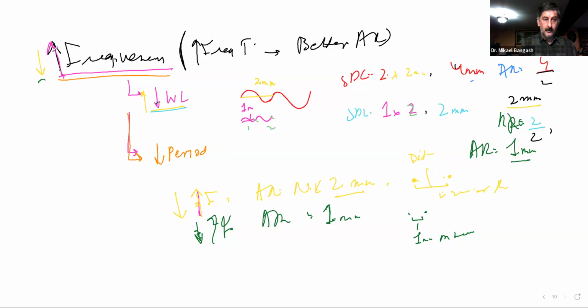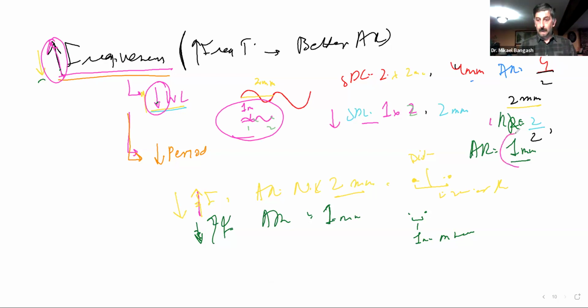So the greater the frequency, the lower the wavelength. The lower the wavelength, the lower your spatial pulse length, the lower the numerical value of the axial resolution. Which means we are able to distinctly display two structures at a lesser distance.